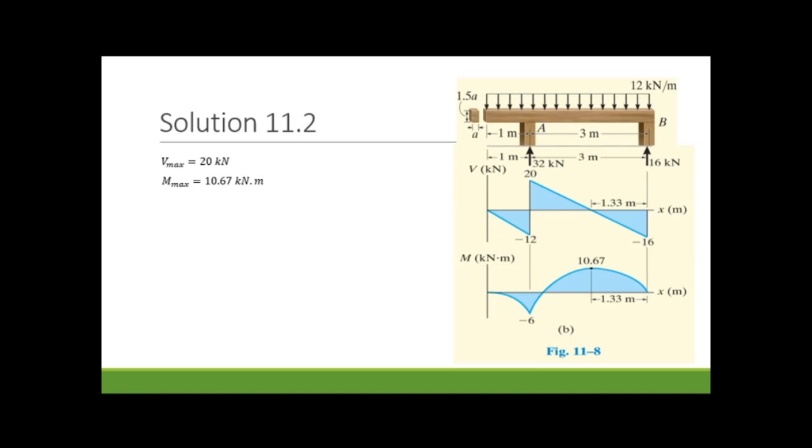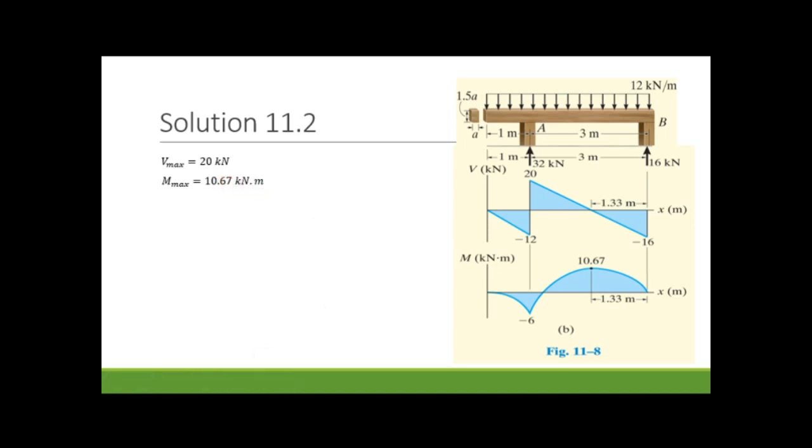But I think you can do it, because it is not a complicated question. After obtaining the diagrams, you can see the maximum shear force is 20, and the maximum moment is 10.67. Therefore we will choose these values for calculating stresses.